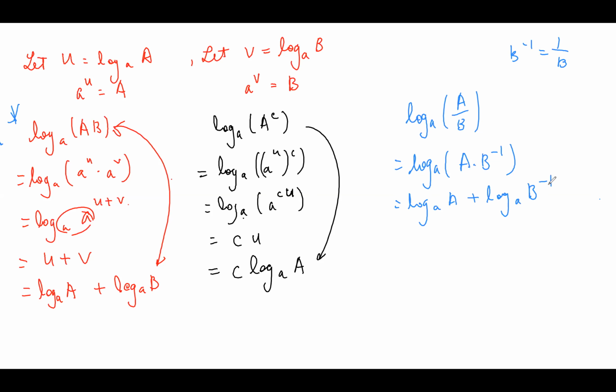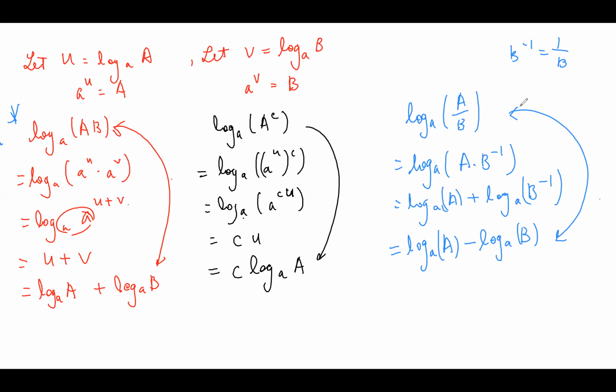Now, if I bring the power -1 down, I will have log base b of A, positive and negative is negative, log base b of B. Then you will see that log base b of A over B is equal to log base b of A minus log base b of B. This is actually the second law. So now I have shown you the three laws.